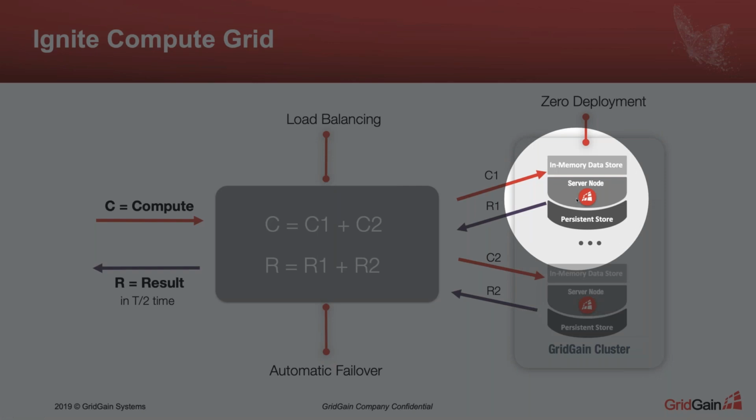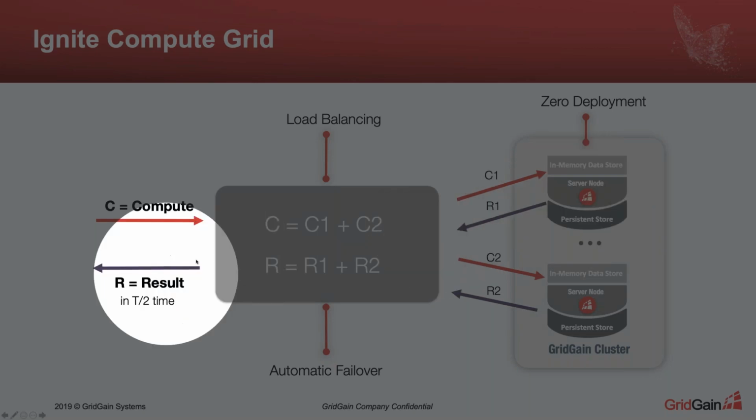The same logic works in GridGain and Ignite. It's the same implementation of the MapReduce paradigm. In Ignite and GridGain, we call this component the compute grid, where you can write your logic in Java, .NET, and C++, and this logic will be executed on the cluster end.